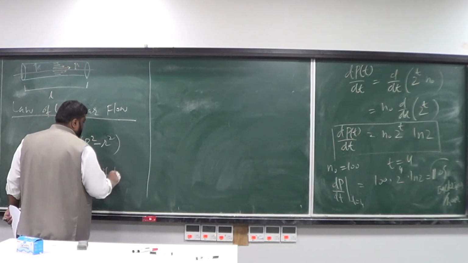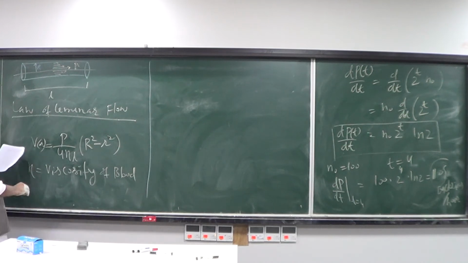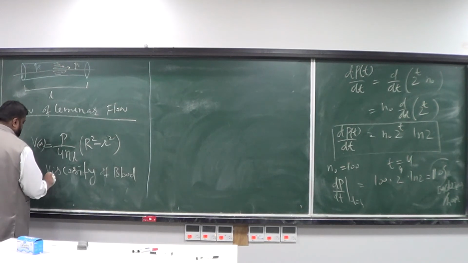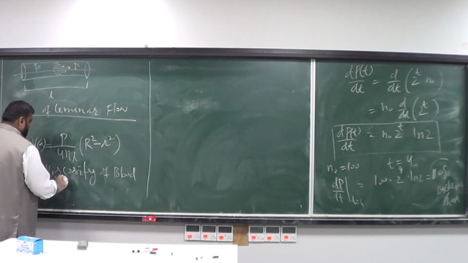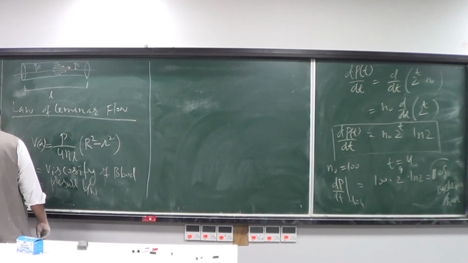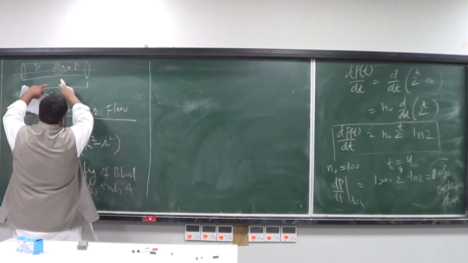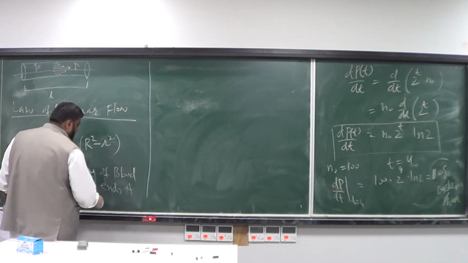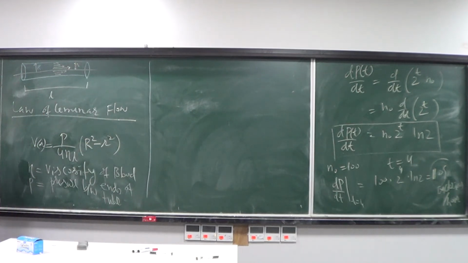So eta is the viscosity of blood, and P is the pressure difference between the ends of this tube, this artery, this vessel, whatever you call it.